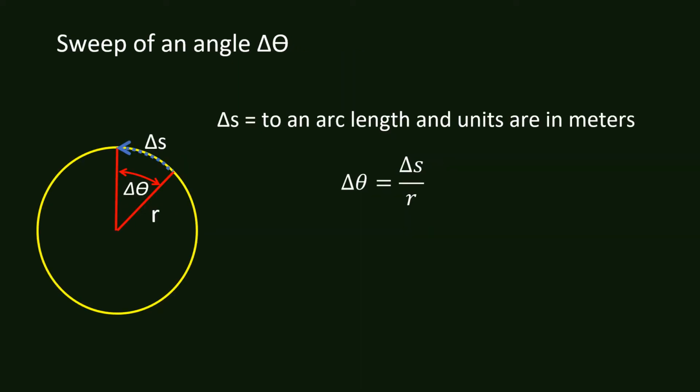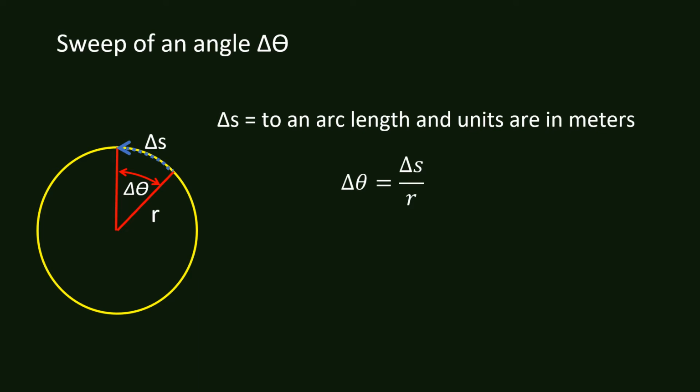So the sweep of an angle, delta theta, and delta s. We have an arc length, delta s, and we have the sweep of the angle. And there's a relationship between delta s and delta theta, and that is with r.